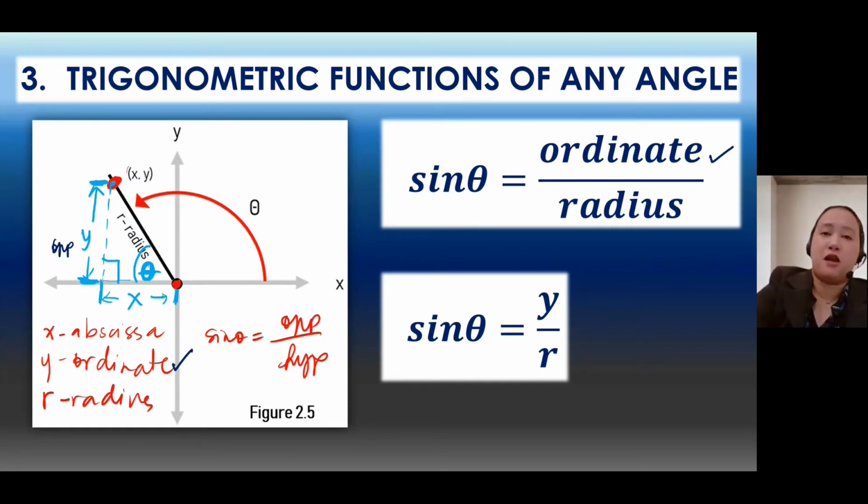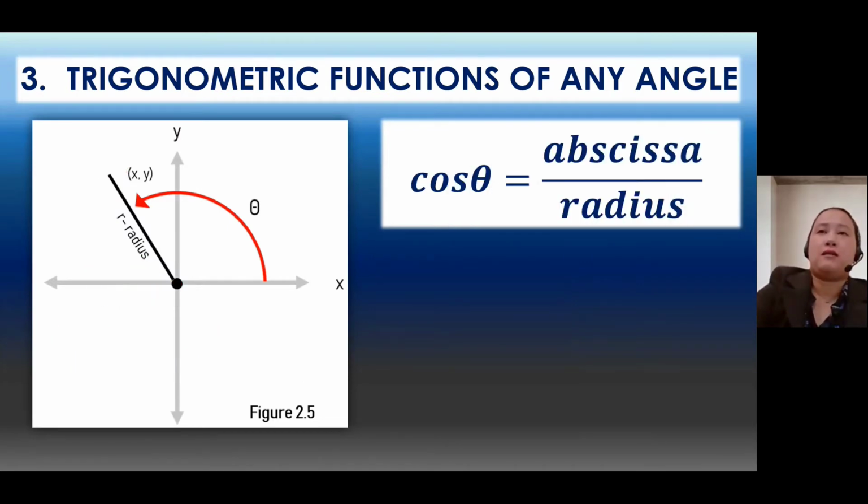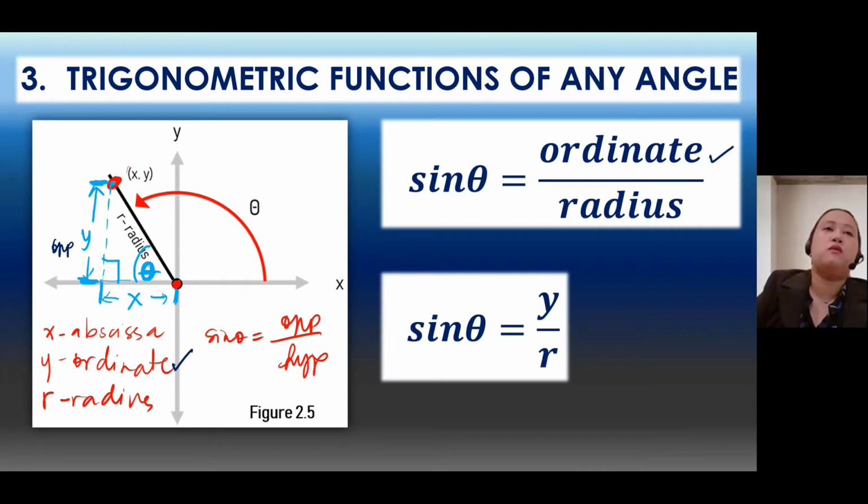This time you have to memorize, or take note of, the x, the y, and the r. Next, for cosine theta, it is abscissa over the radius. With our illustration a while ago, since the theta is here, the side beside it is the x, called the abscissa.